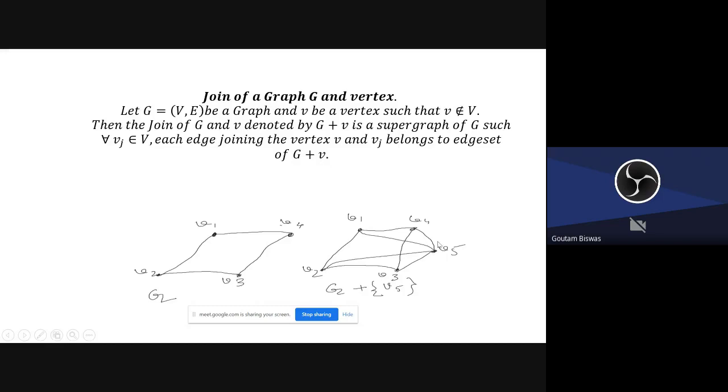V5 has been added, so this is the supergraph of G. That means G is a subgraph of this graph. So in this way, V has been added in such a way that it is joined with all the vertices. Only this type of graph is known as the supergraph of the original parent graph.